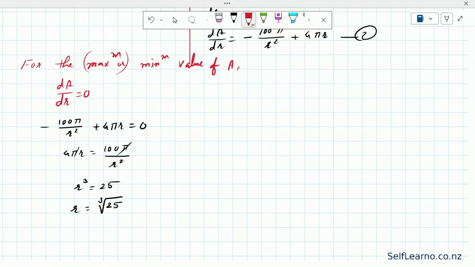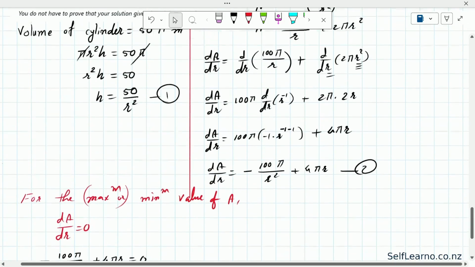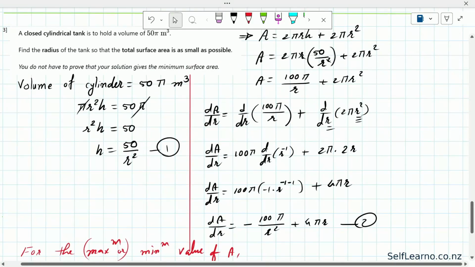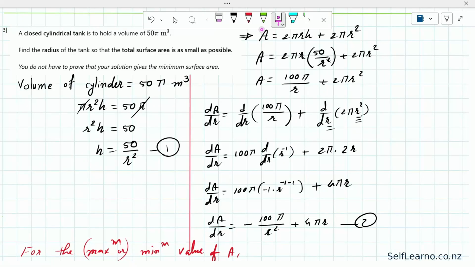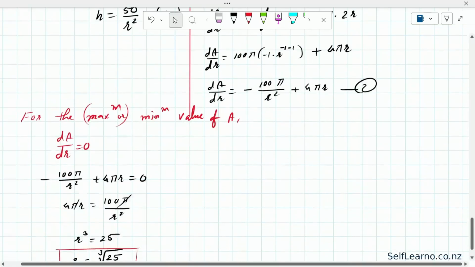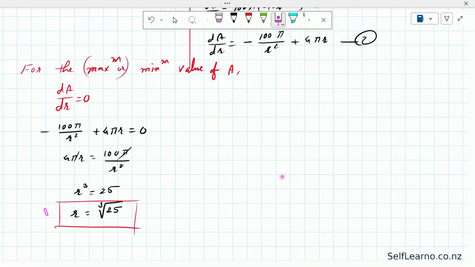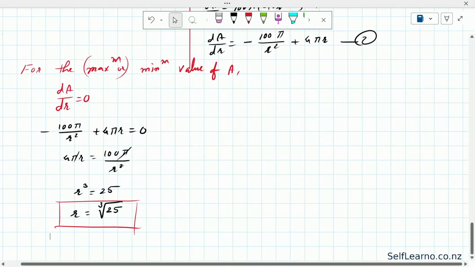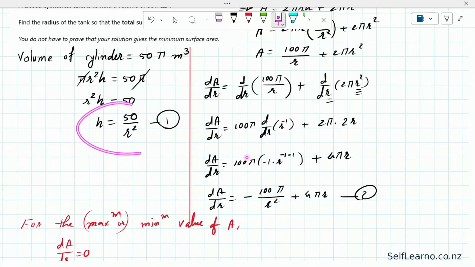Suppose that if they ask for the height for which the surface area is minimum, then what you should do, you can use the obtained r. For this r, surface area is minimum. So I can use that r over here and I can get the value of h for which the surface area is minimum.